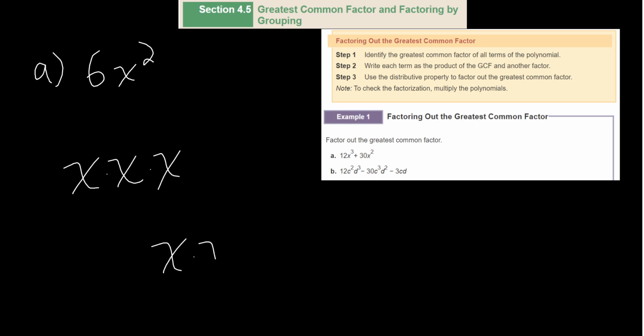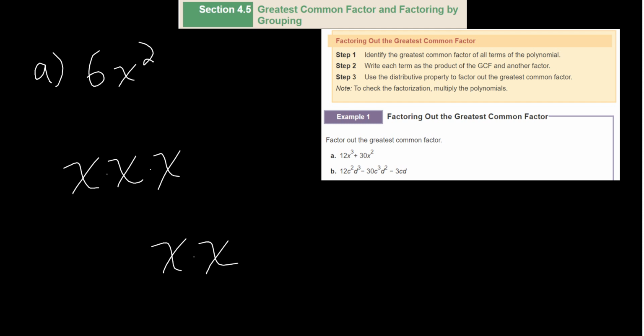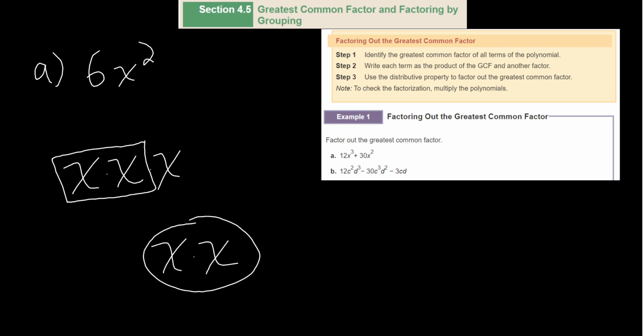We see that there are two x's in x squared, and we can take out two x's that are in x cubed. So that's why we can say that it is indeed the greatest common factor. It's not a multiple of 2. It is just how many x's I can take out of both.